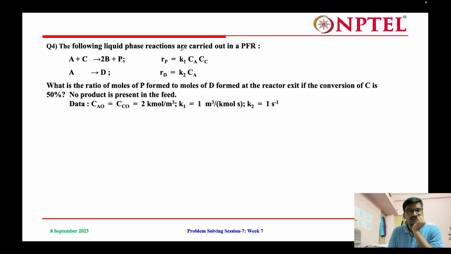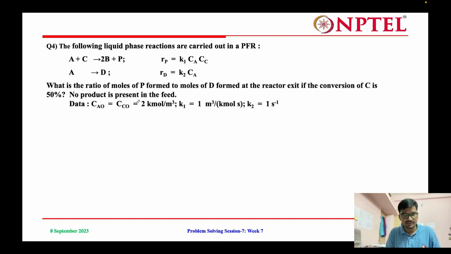The following liquid phase reactions are carried out in a PFR. A plus C gives twice B plus P, with rate equation R_P equal to K1 C_A C_C. A gives D, with rate equation R_D equal to K2 C_A. What is the ratio of moles of P formed to moles of D formed at the reactor exit if the conversion of C is 50%?